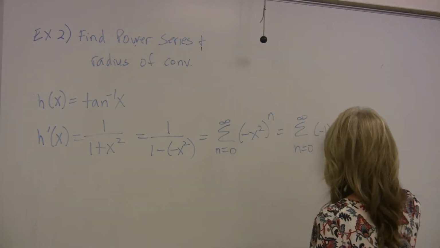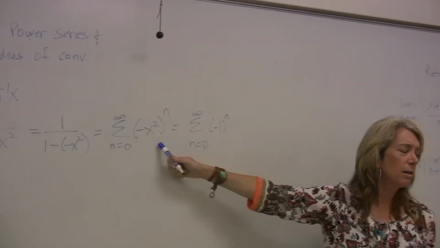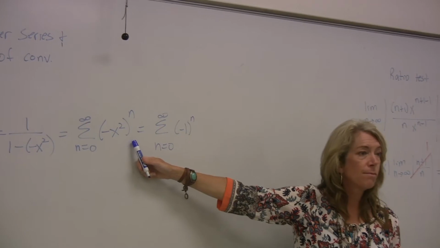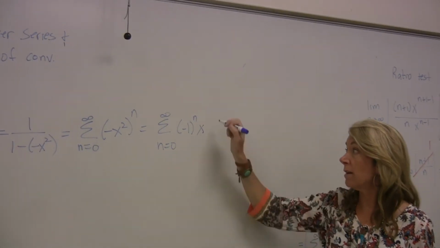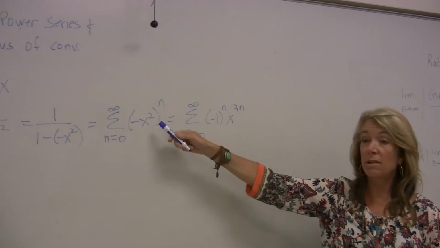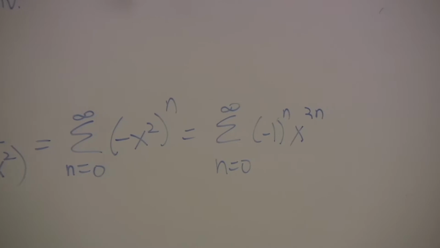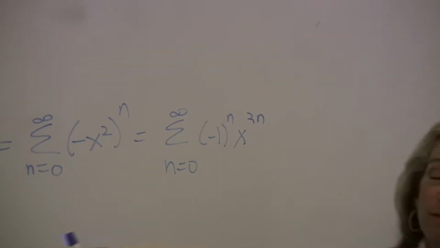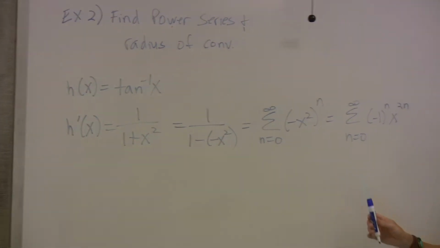So I have a negative 1 to the n, that's the negative part. What happens here? x to the 2n. We multiply exponents in this case. So that's my power series for the derivative of h.